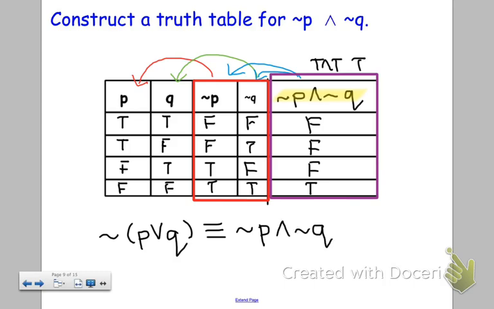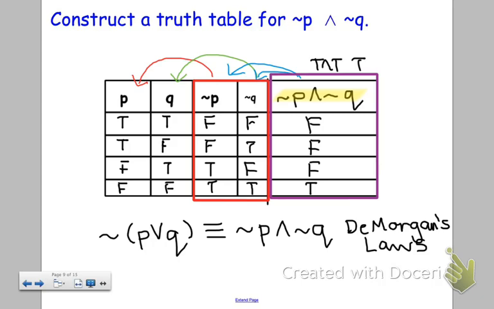Now, that should look maybe somewhat familiar to you back from when we talked about Venn diagrams and sets. This is actually De Morgan's law. Anytime you're going to distribute that negation symbol through, your sign also has to change.